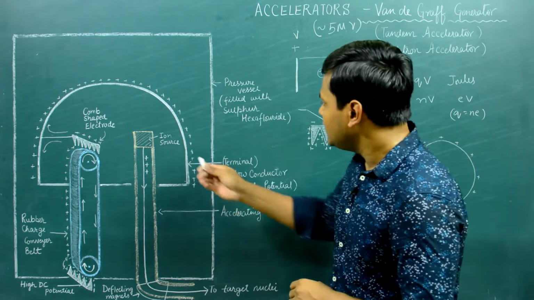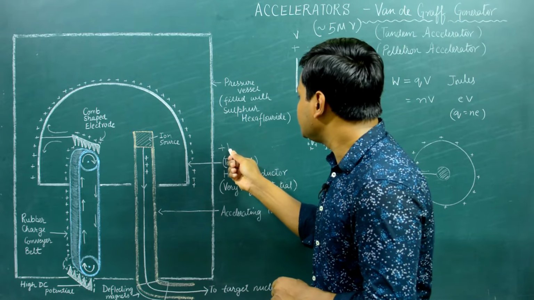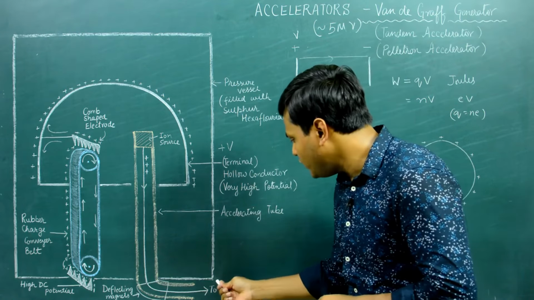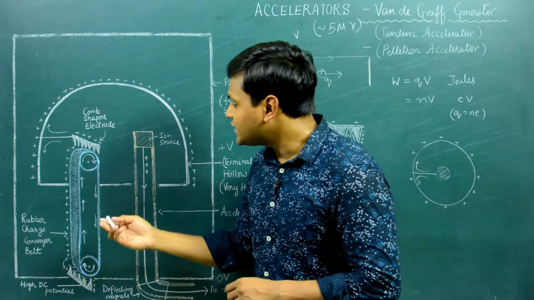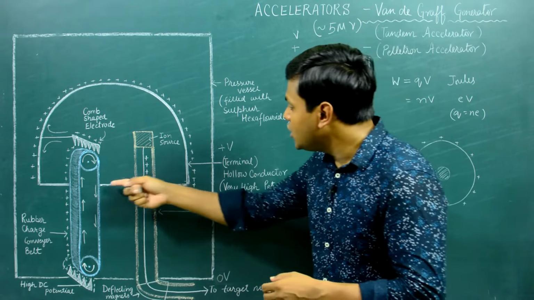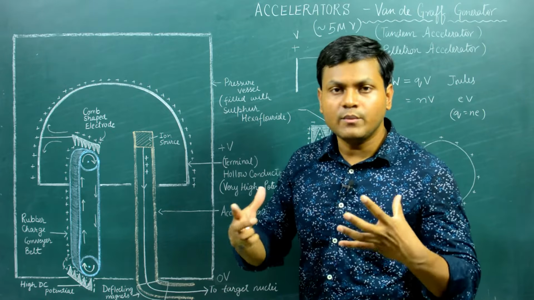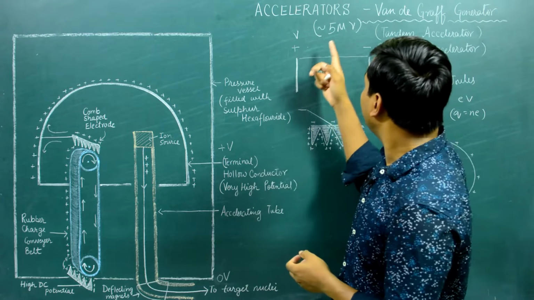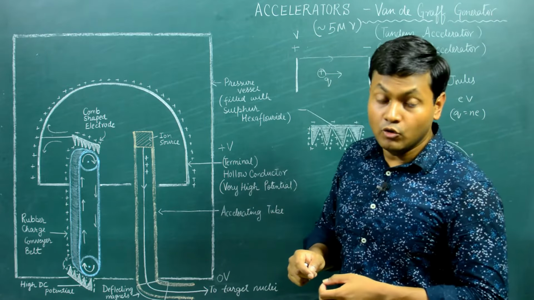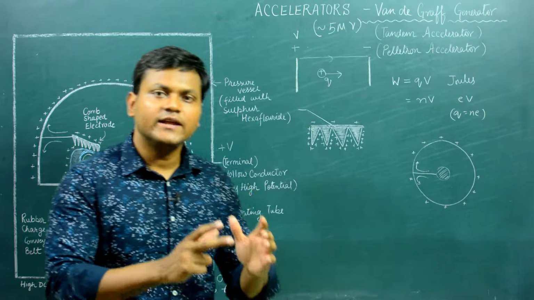So here you see this conductor itself is at, let's suppose, a positive potential, while here we have ground, which is at zero potential. We can keep on performing this action so that the accumulation of charges on this conductor is so high, such a huge amount, that the potential difference can reach up to the order of 5 million volts. And then we can use this setup as an electrostatic accelerator.